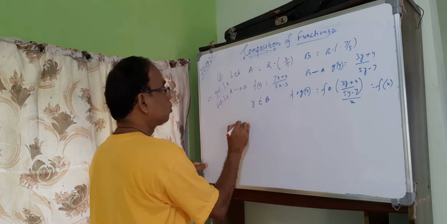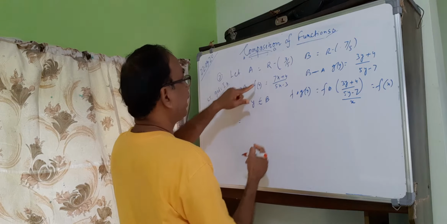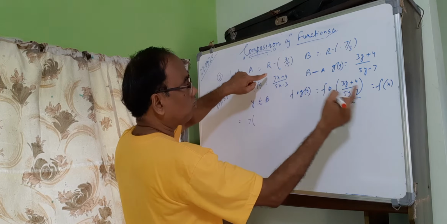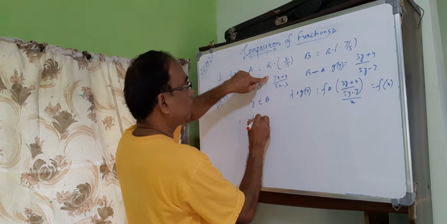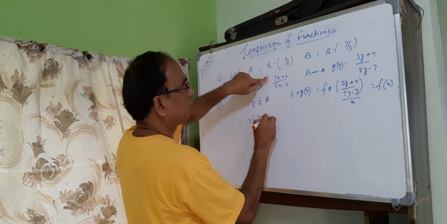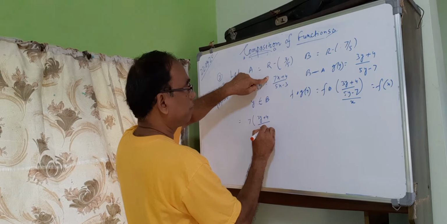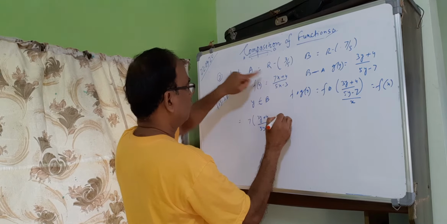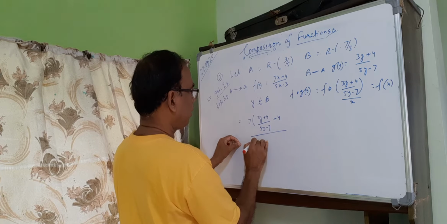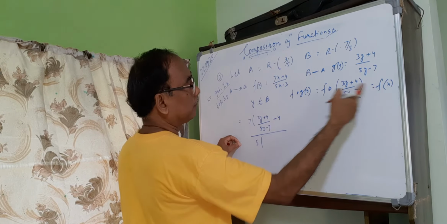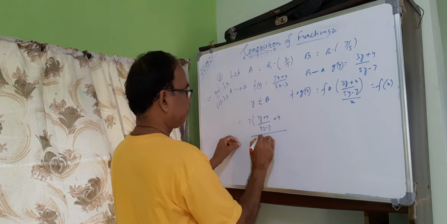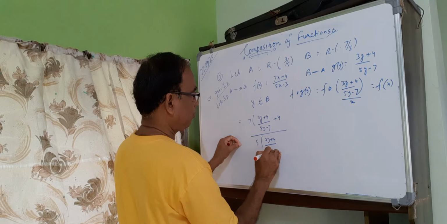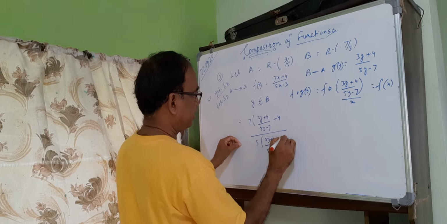Put the value in x: 7 into (3y plus 4) by (5y minus 7) plus 4, over 5 into (3y plus 4) by (5y minus 7) minus 3.